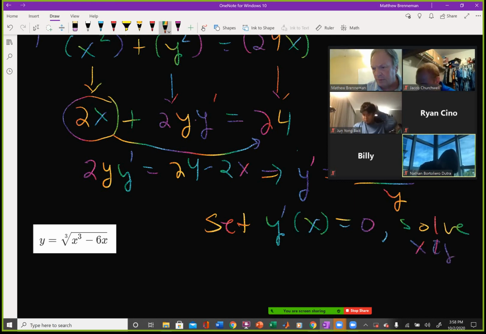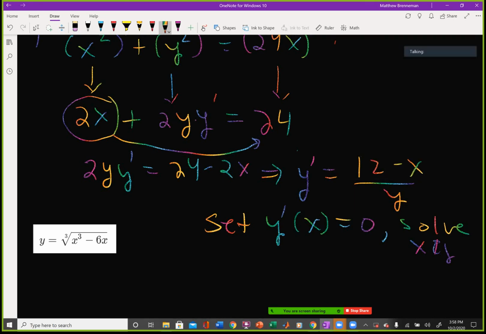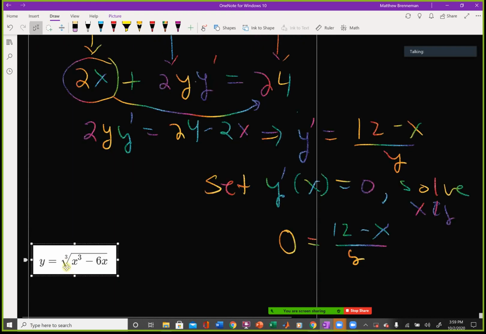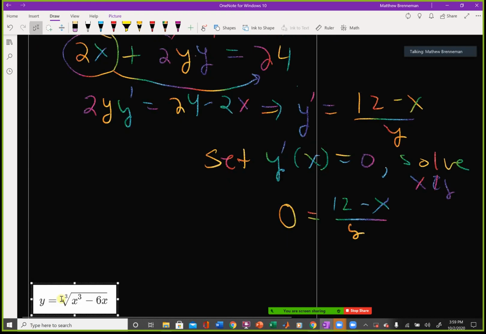Okay? And so when I do that, I notice that I'm going to have 0 is equal to 12 minus x over y. So what are the solutions to that? What do you think? How do I solve that equation for x and y?